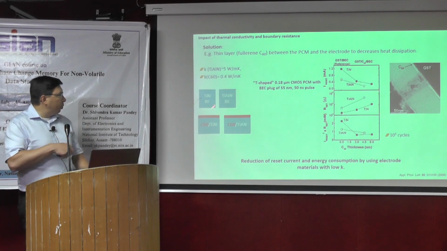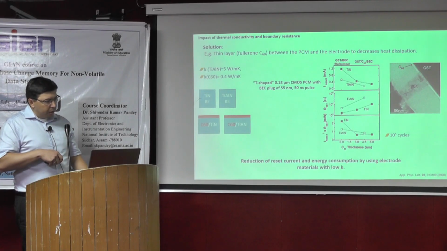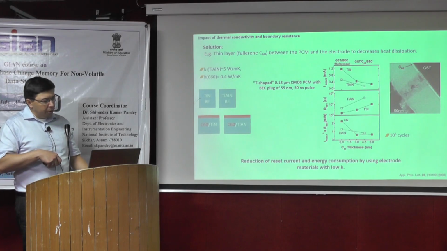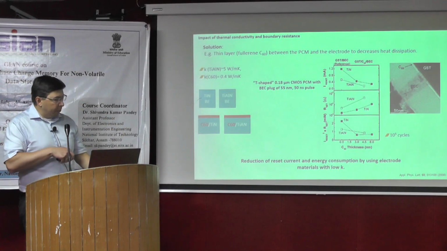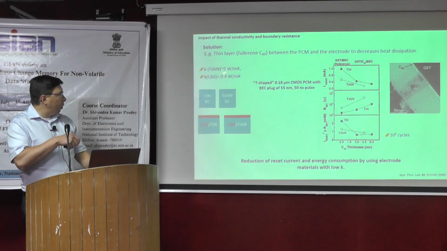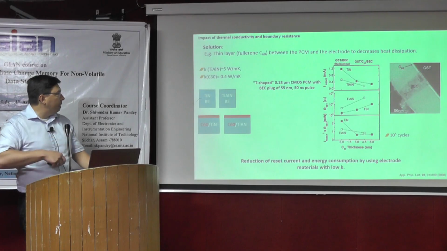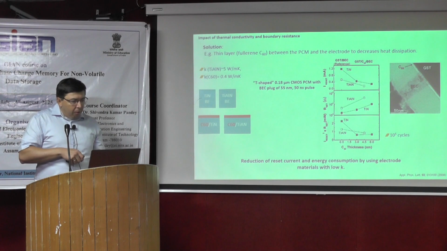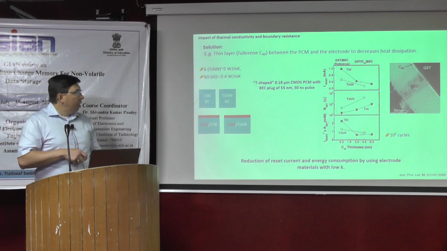Here we have titanium nitride, titanium aluminum nitride, and if you use another element, in this case C60, the thermal conductivity of titanium aluminum nitride is like 5 millikelvin. For C60 it's much less, comparable to phase change materials.